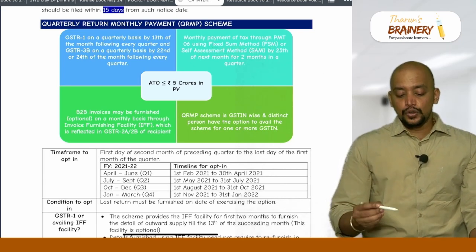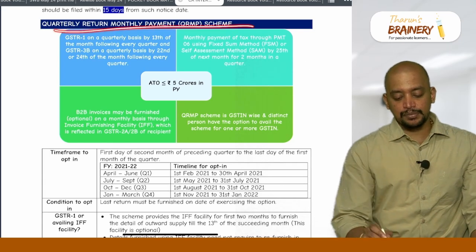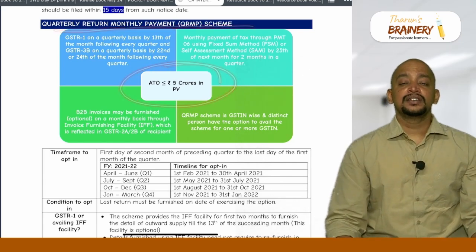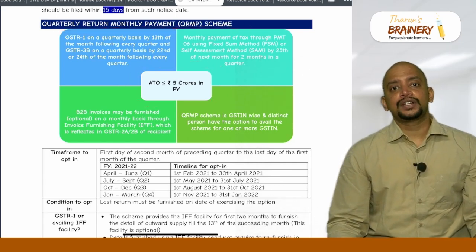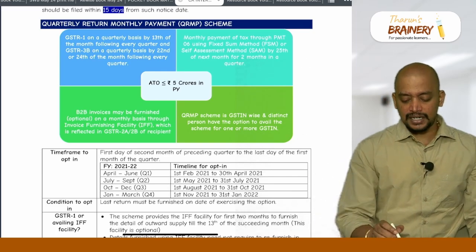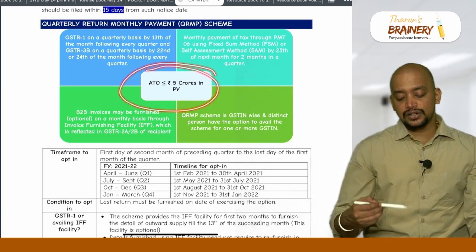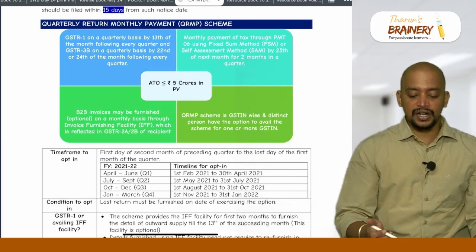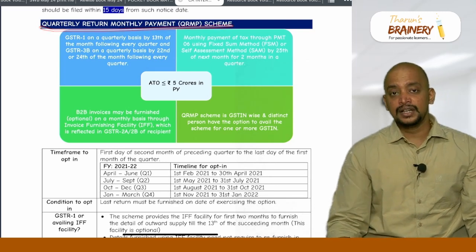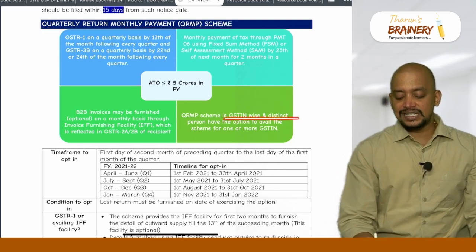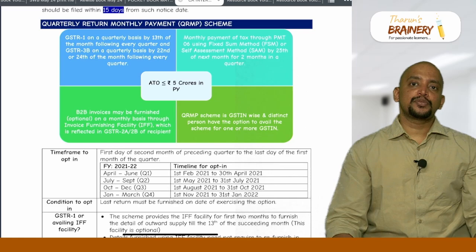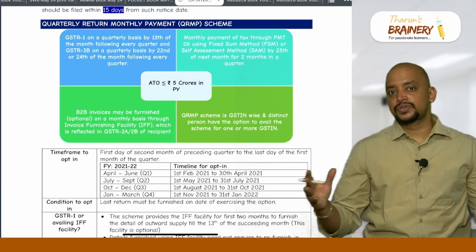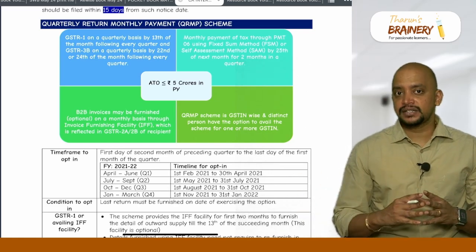Then, to whom is QRMP applicable? For small taxpayers whose aggregate turnover, not tax, aggregate turnover during the previous year does not exceed 5 crores. QRMP is GSTIN wise, which means suppose I have 5 registrations under the same permanent account number.